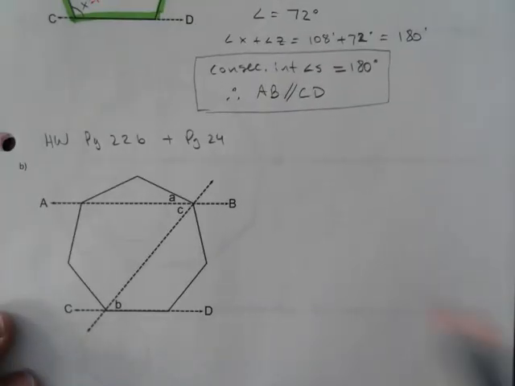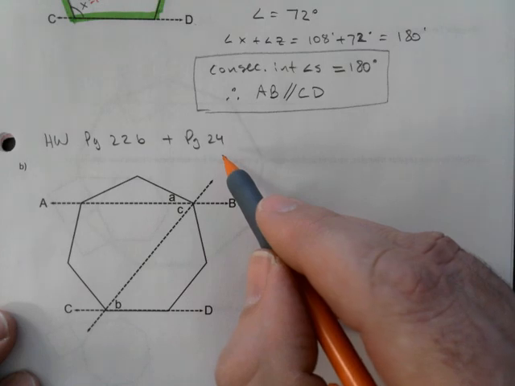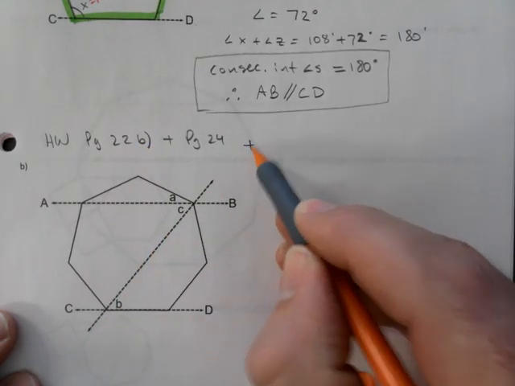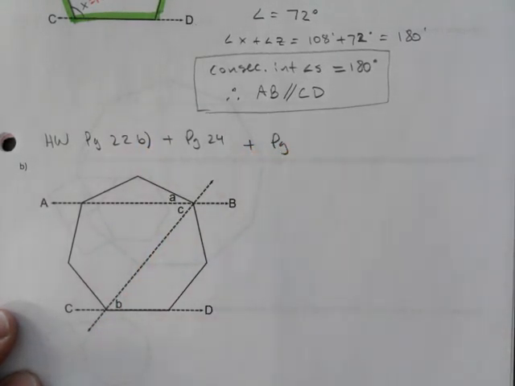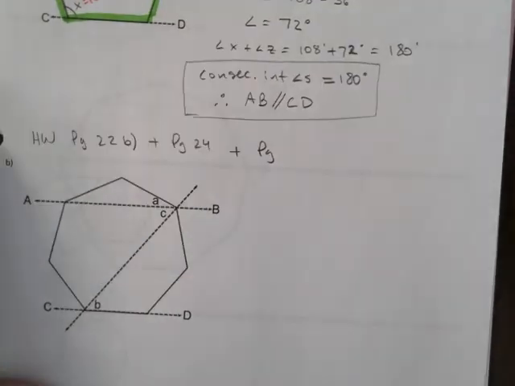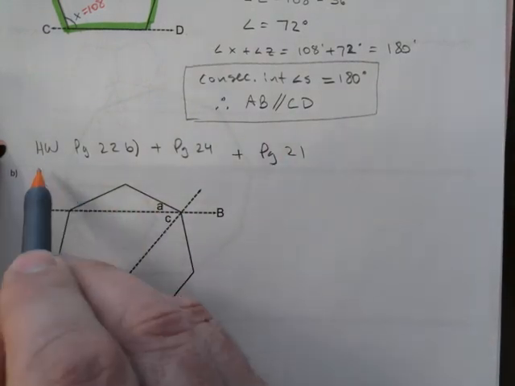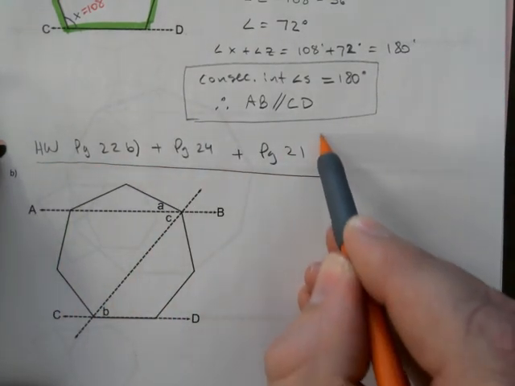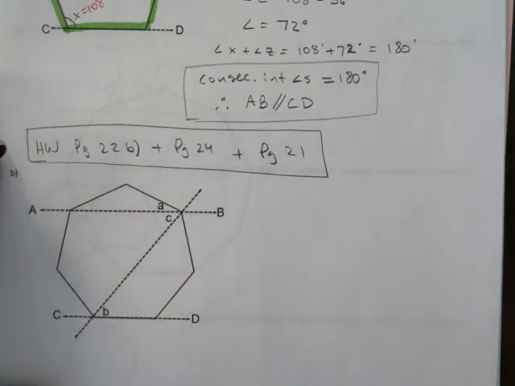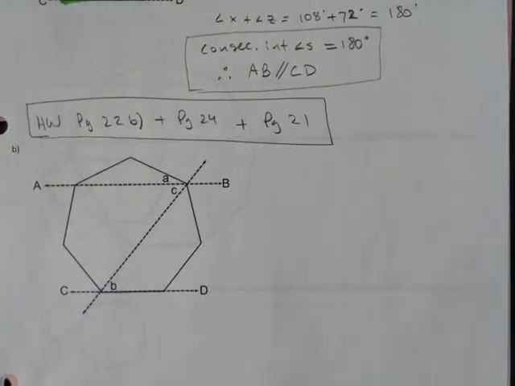Just page 24, look for it there. Plus page, what was it? 21? Yeah, 21. So much homework, right? I will post the key to this. If I find an archived video of this, I can post that as well if that's going to help you.